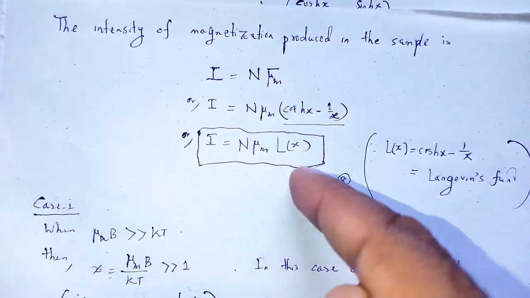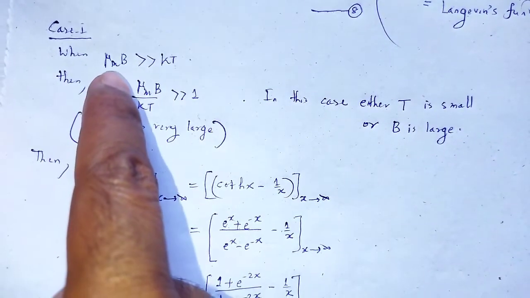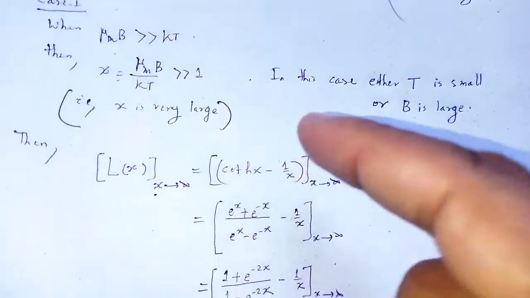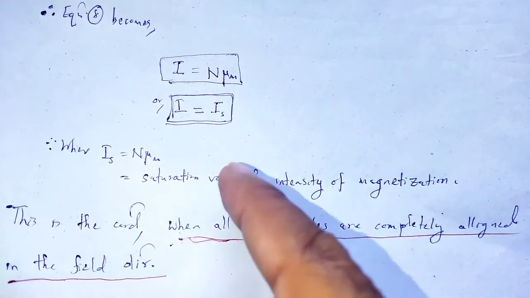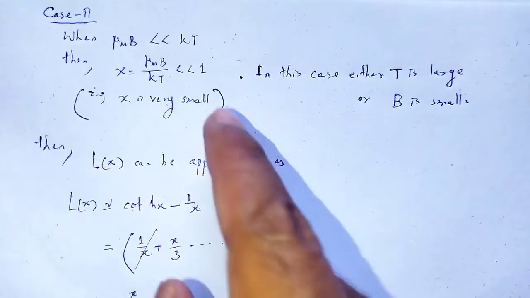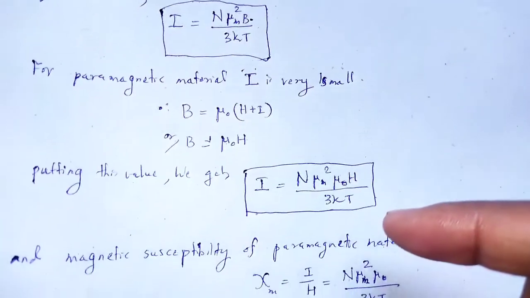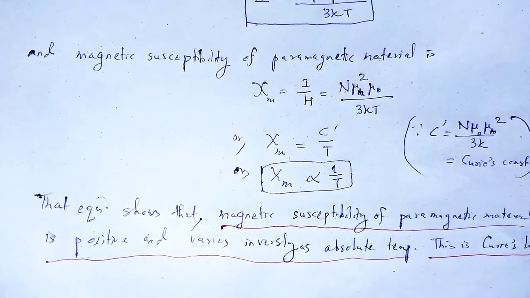Next, the intensity of magnetization is calculated for two cases. When mu m B is very much greater than kT, we obtain the saturation value of intensity of magnetization, and when it is very much less than kT, we obtain the intensity of magnetization and susceptibility of paramagnetic materials.